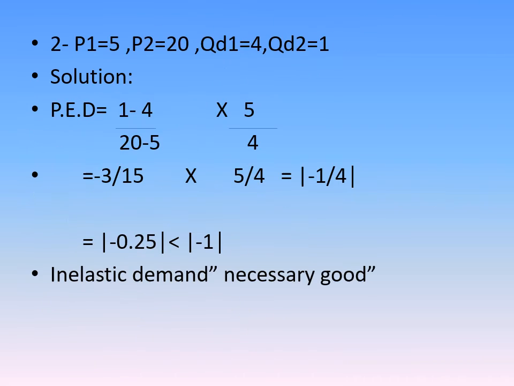Let's move to the other example. Here we have another example: P1 equals 5, P2 equals 20, QD1 equals 4, QD2 equals 1. How to calculate it? The same way: QD2 minus QD1, which is 1 minus 4, divided by P2, 20, minus P1, which is 5, multiplied by P1, 5, over QD1, 4.